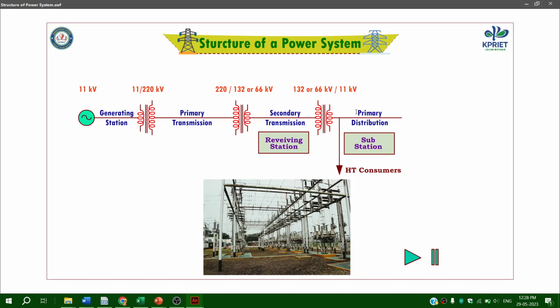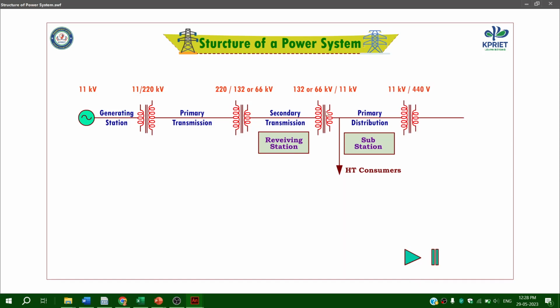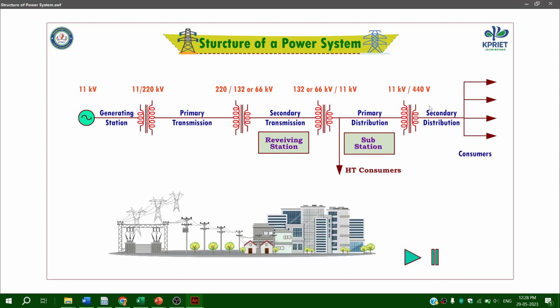Why? Because the power rating of HT consumers is high, that's why we connect them in the primary distribution. Then the 11 kV is stepped down to 440 volts, that is called the secondary distribution. Here the domestic consumers are connected.